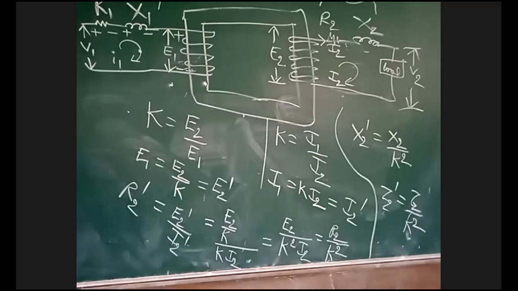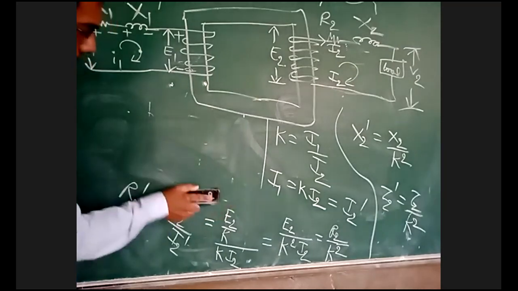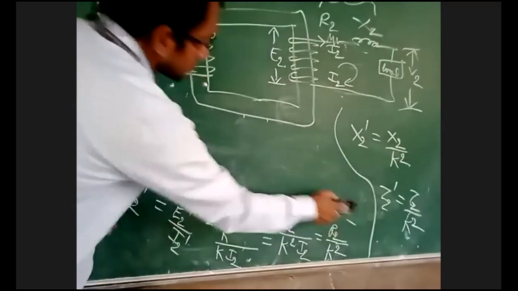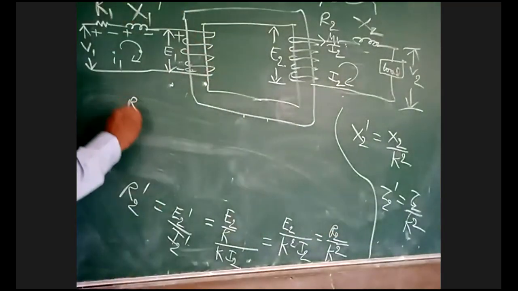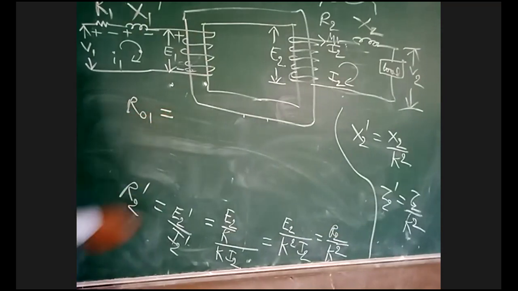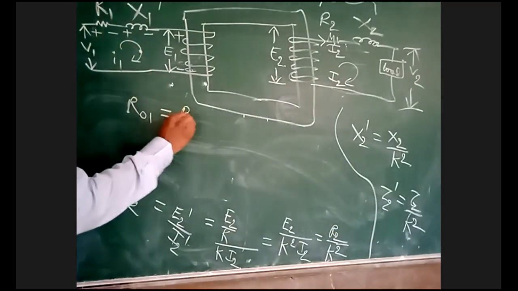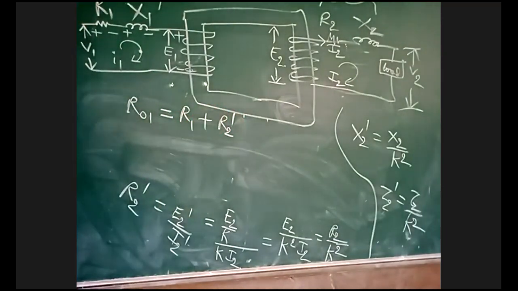Now, what is the purpose of doing all this? I will tell you here. Now here, I am taking equivalent resistance R01. R01 is equal to R1 plus R2 dash.